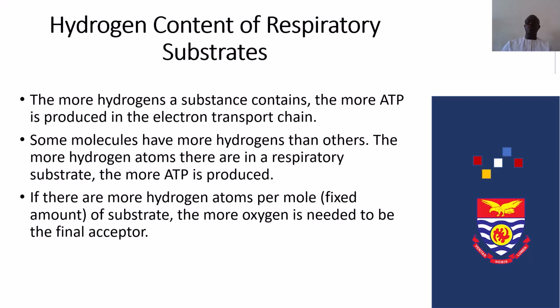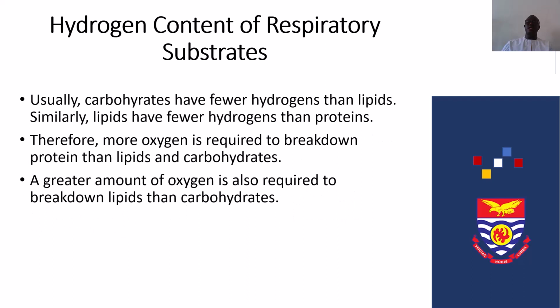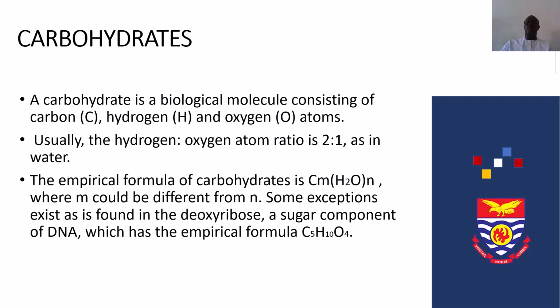If there are more hydrogen atoms per mole, a fixed amount of substrate, the more oxygen is needed to be the final acceptor. Usually, carbohydrates have fewer hydrogens than lipids. Similarly, lipids have fewer hydrogens than proteins. Therefore, more oxygen is required to break down protein than lipids and carbohydrates. A greater amount of oxygen is also required to break down lipids than carbohydrates.